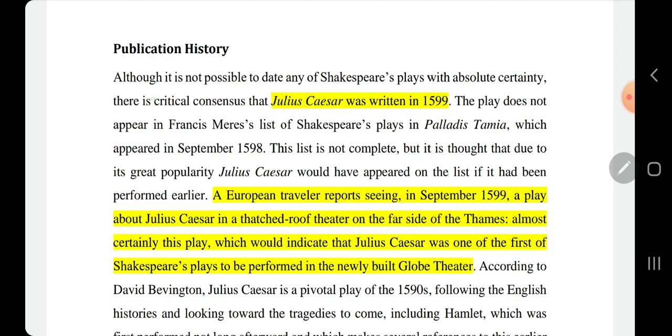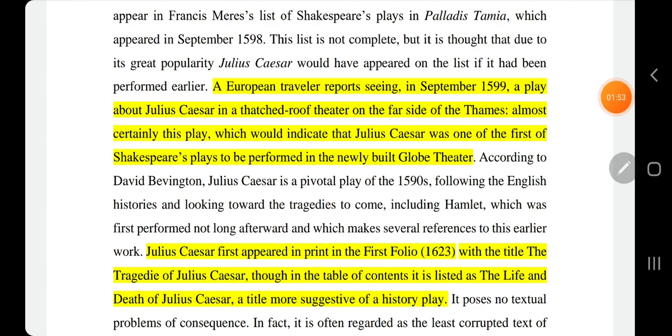But there was a critical debate that Julius Caesar was written in 1599. There was a European traveler reporting in September 1599 a play about Julius Caesar in a theater on the far side of the Thames, and they believe that this play is Julius Caesar, and it was one of the first Shakespeare plays to be performed in the newly built Globe Theater.